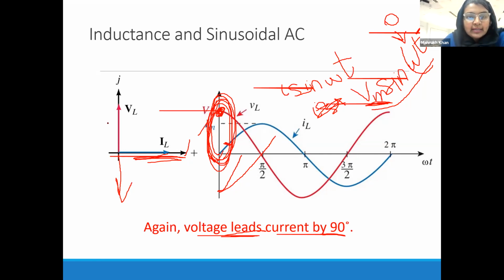Okay. So VL is leading IL because IL is I sine omega t and VL is Vm sine omega t plus 90.